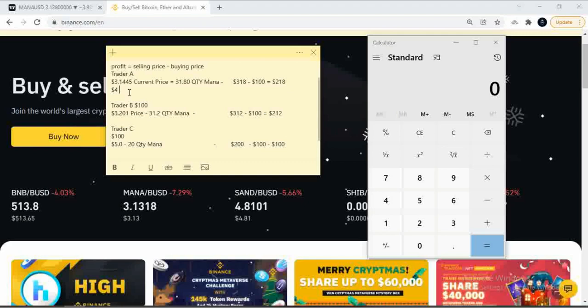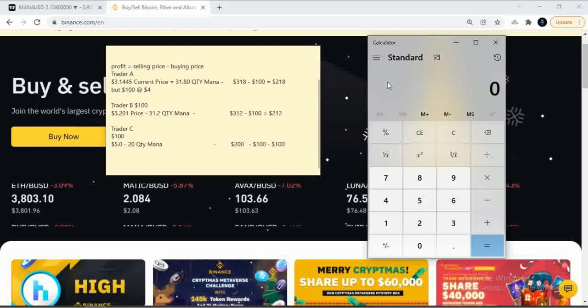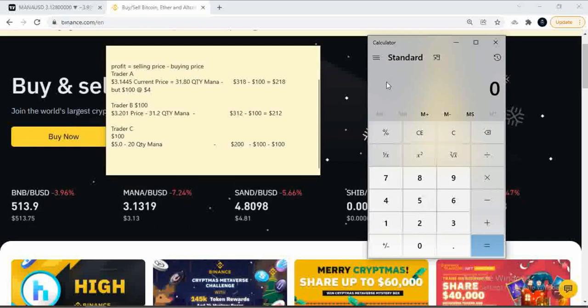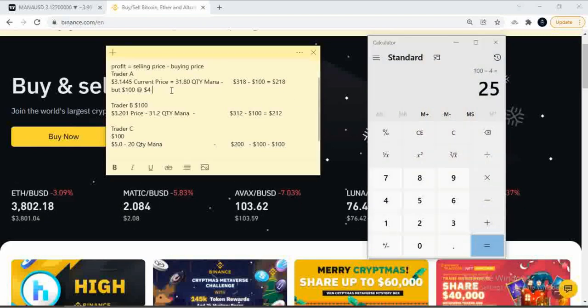He wants to buy additional $100 worth at $4 per mana. He's going to be able to add another 25 pieces in quantity.